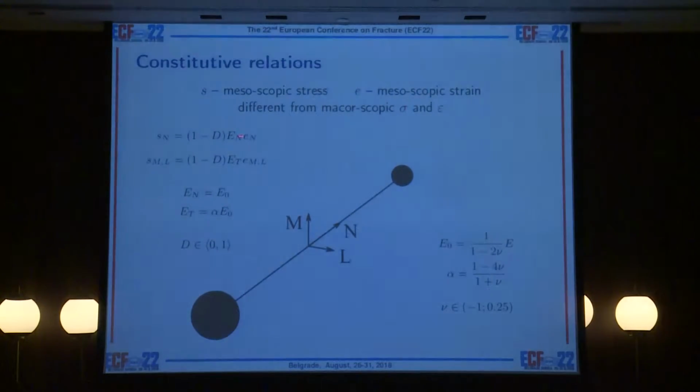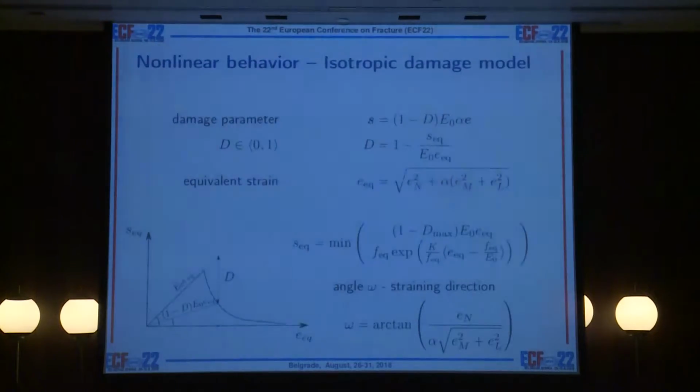In nonlinear regime, a damage model is applied. Important is the damage parameter D that lies between 0 and 1, including both edges. Its evolution between 0 and 1 is crucial for the model behavior. 0 means intact material, and 1 means that the material is not able to transfer any load. Two important things.